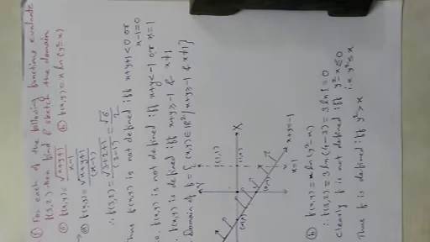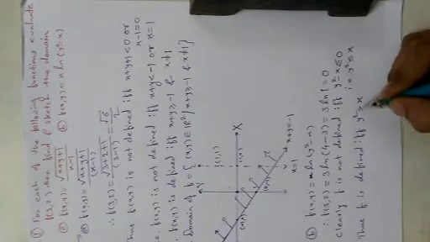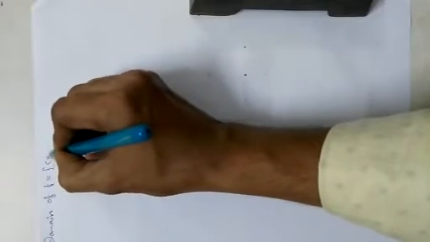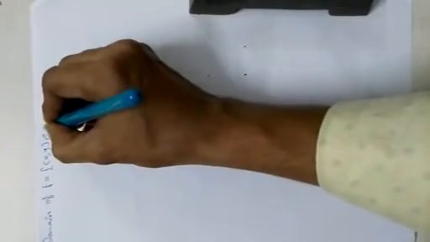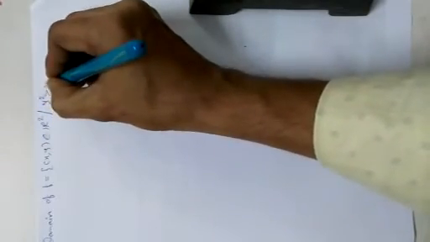Thus f is defined if and only if y square is strictly greater than x. Therefore the domain of f is the set of all ordered pairs x, y in R square such that y square is greater than x.